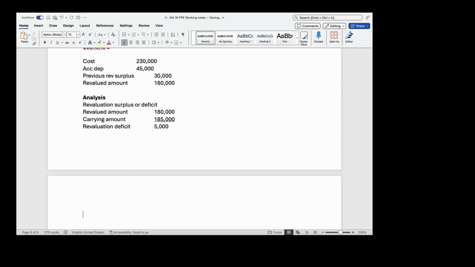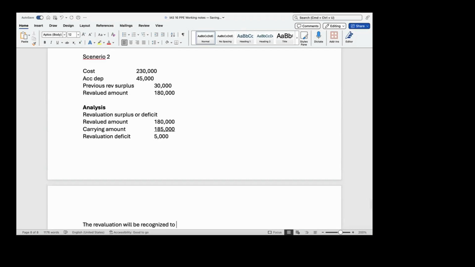In this case, this deficit, where will it go to? P&L or OCI? P&L. No. We have a surplus of 30,000 earlier.